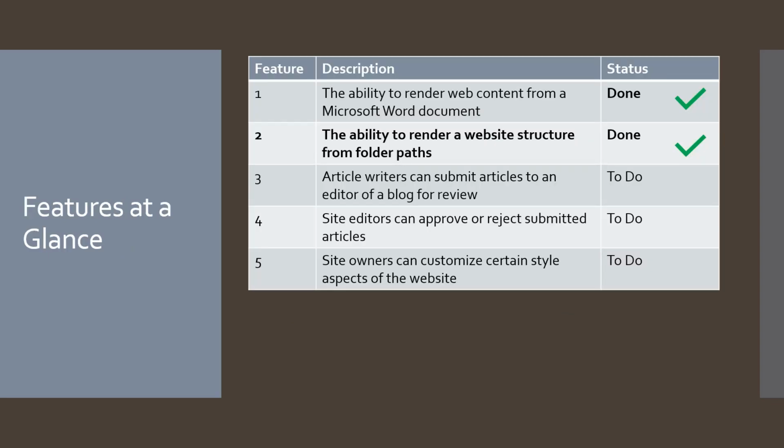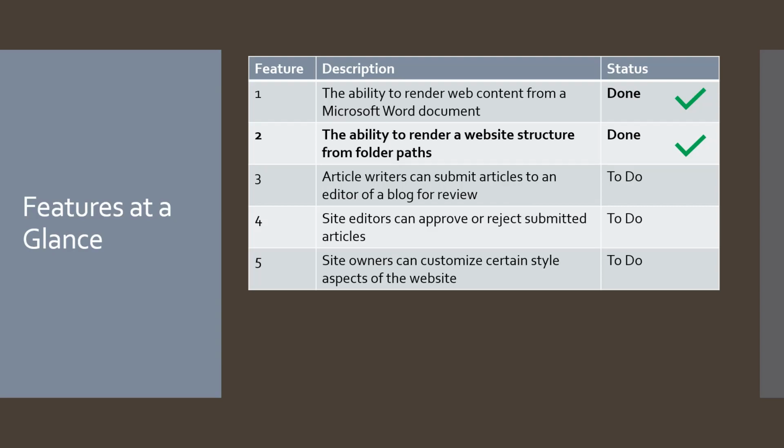The feature that I will be demonstrating is the ability to render a website structure from folder paths. So basically, if you've ever been to a blog, you'll see that there's categories, right?